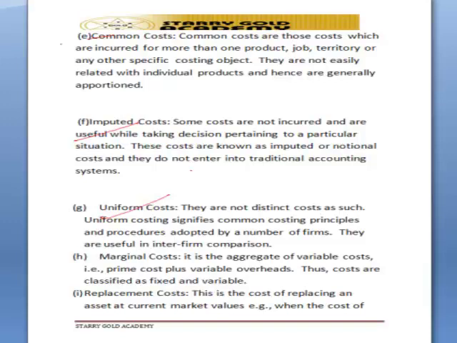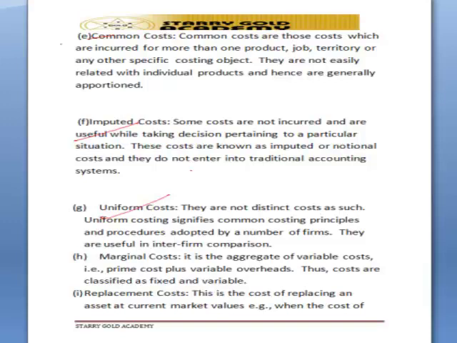We also have what we call marginal costing, which we'll be considering as a topic very soon. Marginal costing is also one of the costs for decision making purposes. It is the aggregate of variable costs. When we talk about marginal cost in cost accounting, we are looking at variable costs.